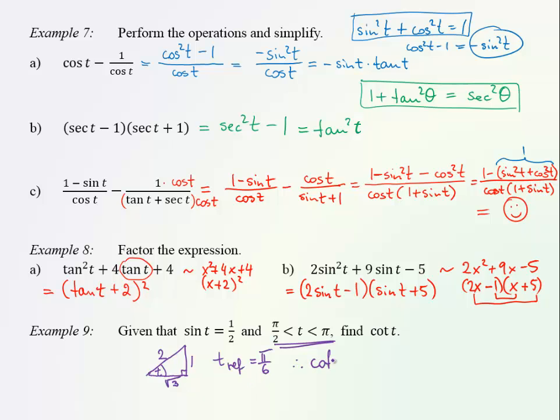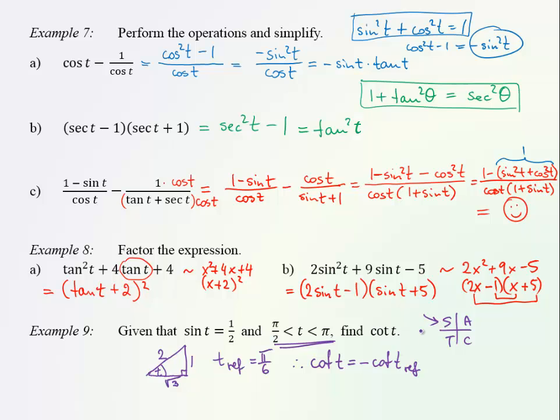Therefore, cotangent of t, not t reference but t, is the same as cotangent of the t reference as long as we accommodate for the sign. Since this is the second quadrant and cotangent is negative in the second quadrant, then we have to use a negative sign here because of CAST.